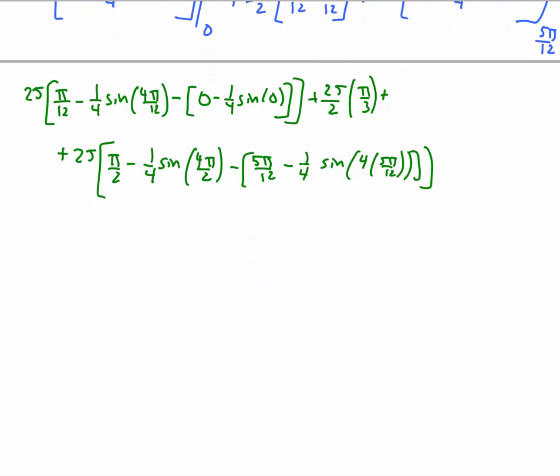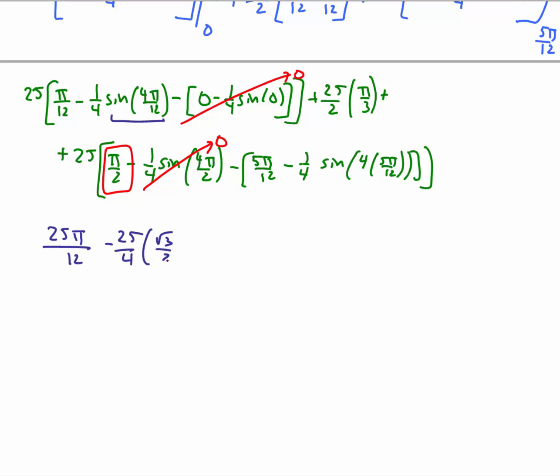Okay. So we've got quite a bit going on here. Nice thing is this piece falls away. Let me see about this one. 2 goes into 4 twice. Sine of 2 pi. This falls away, but not this piece. That stays. And then over here, that piece doesn't fall away, so I'll have to keep track of that as well. So I have 25 pi over 12. I'm going to go ahead and distribute that 25 minus 25 fourths sine pi over 3.